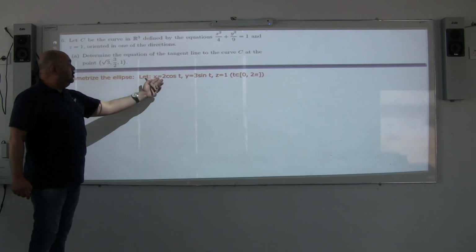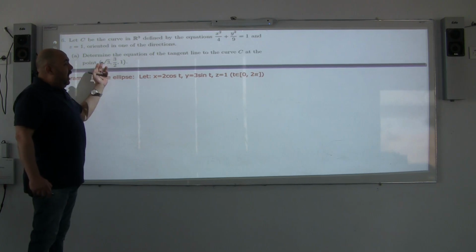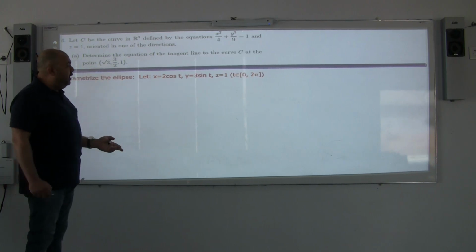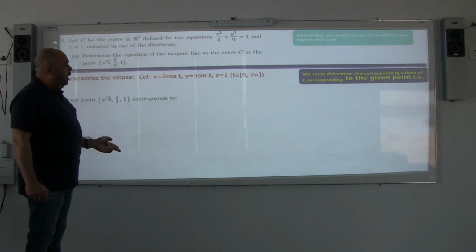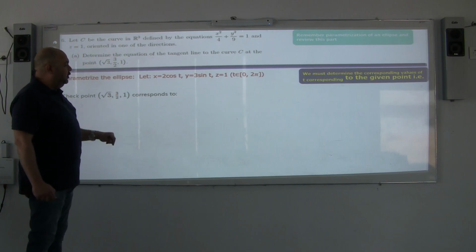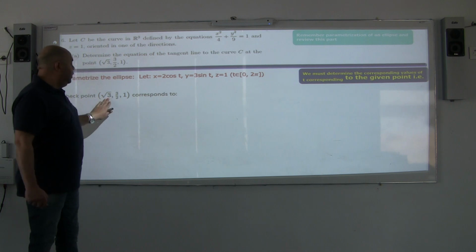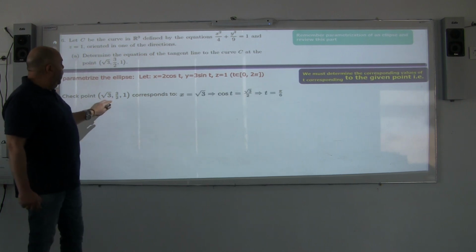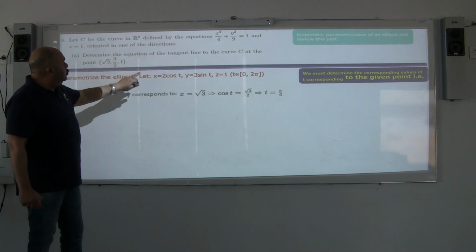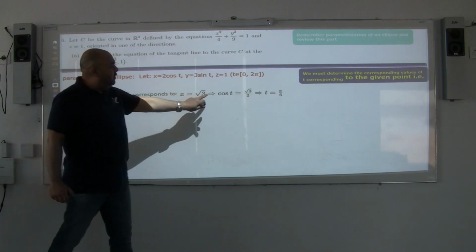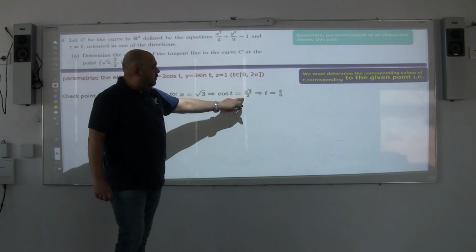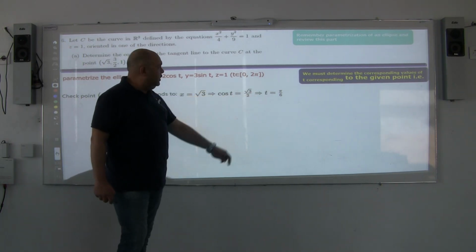So I have 2 cosine t equal to root 3, and from here I will be able to get the value of t, and also to check the value at y, it should be the same. So once more, that's the point that I need this straight line at. So I will put root 3 equal to 2 cosine t, which will leave me with cosine t equal to root 3 over 2, that's t equal to pi over 6.